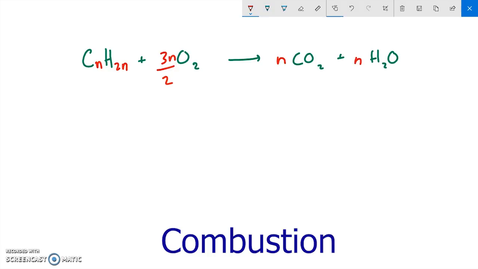Please take note that this equation can only be applied to an alkene in aliphatic form.